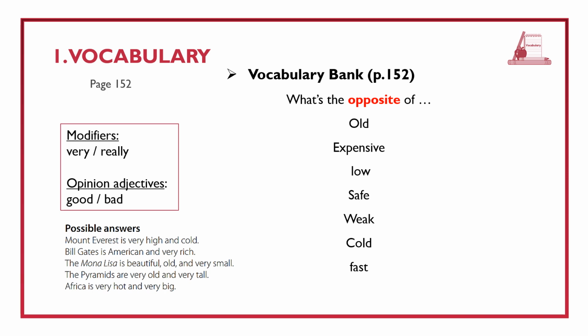The next alternative is great. So great means very good, so it's better than good. And we have also fantastic, which means extraordinarily good or attractive. So it's very close to great, but remember, fantastic is an informal word.